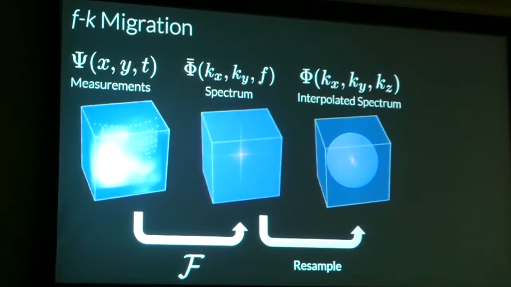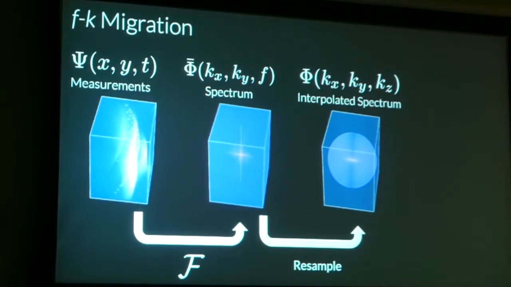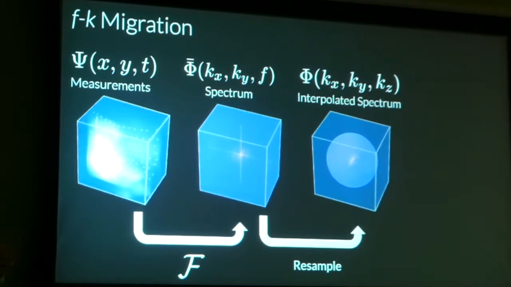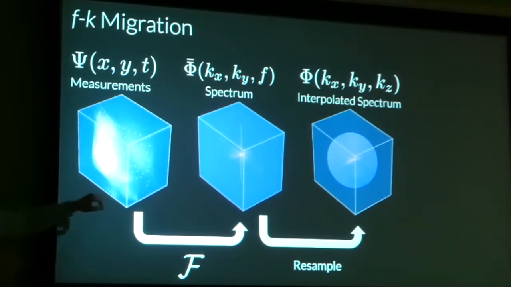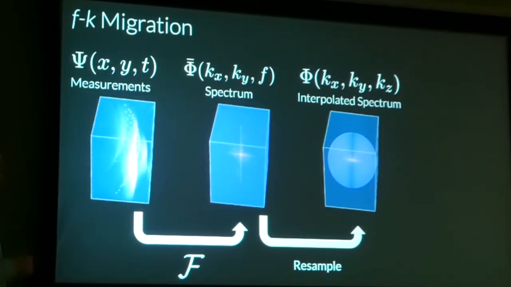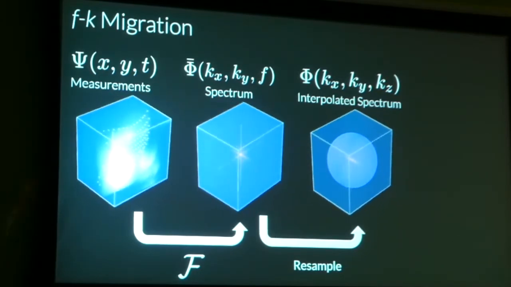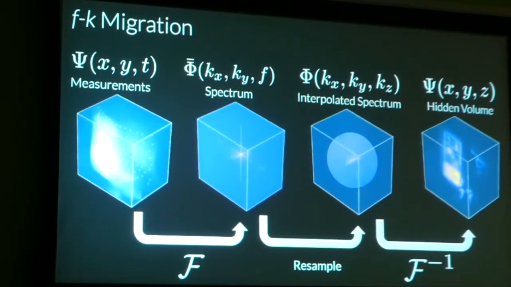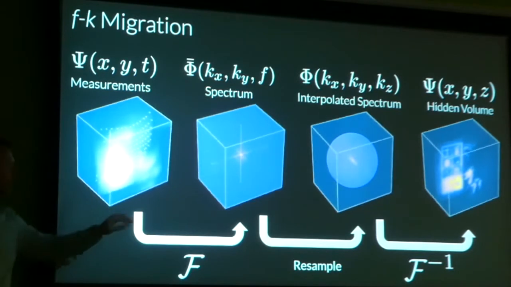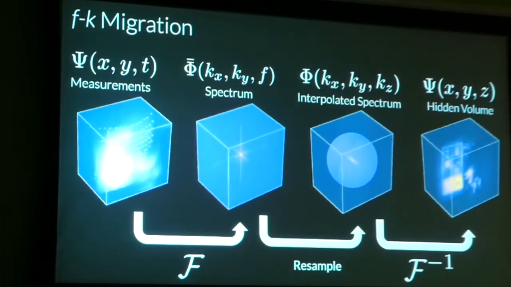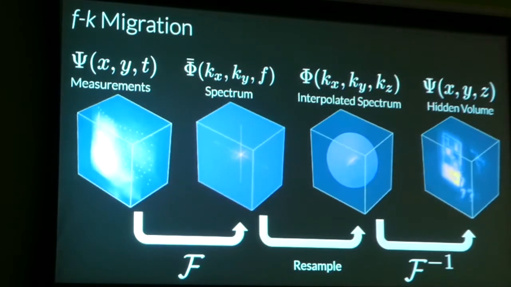And if we do this substitution of variables, this is equivalent to basically stretching or interpolating our Fourier domain, our Fourier coefficients, shuffling things around. And it turns out that if we do it this way, this is actually the Fourier transform of the hidden volume. So really this is just a Fourier transform, a resampling, and an inverse Fourier transform. And in this way we can recover the hidden volume.